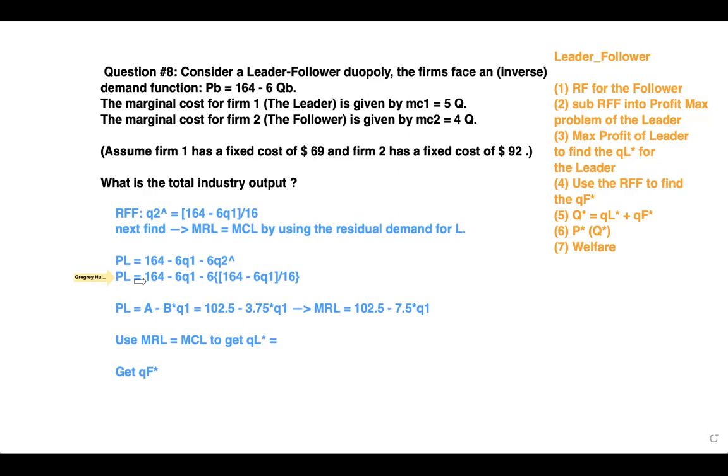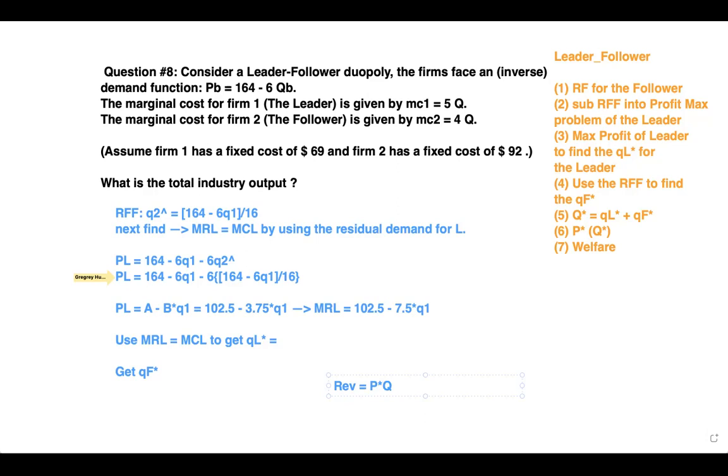And then I could take the derivative and that would be marginal revenue because, technically speaking, revenue is equal to price times quantity.